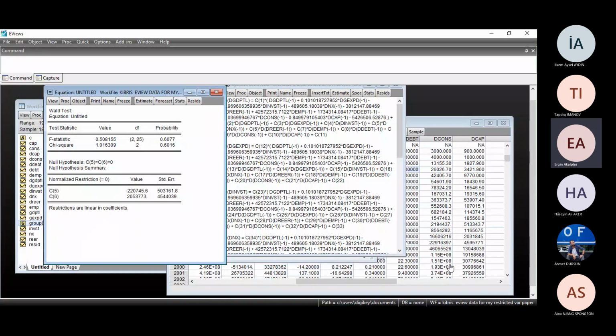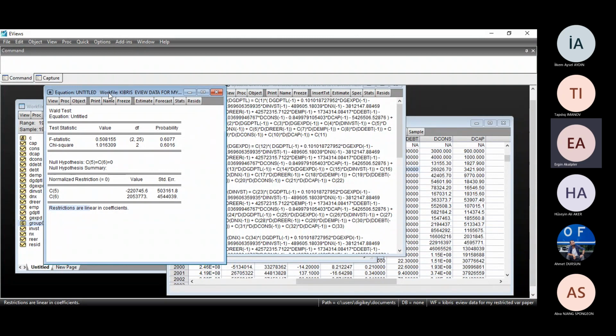If you have any questions, you can ask me. Then I will go to the variance decomposition and impulse response. Do you want me to do further, or is it enough? This is the vector error correction. I'm not going to do everything one by one, but if you want, I can do the whole, and it will take too much of your time.